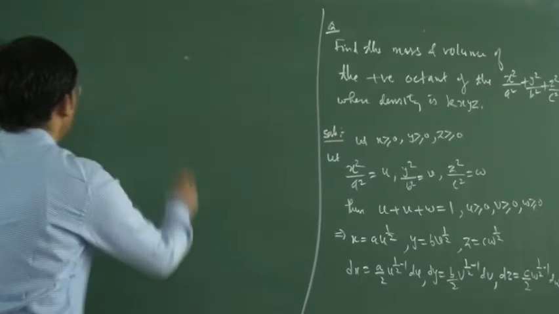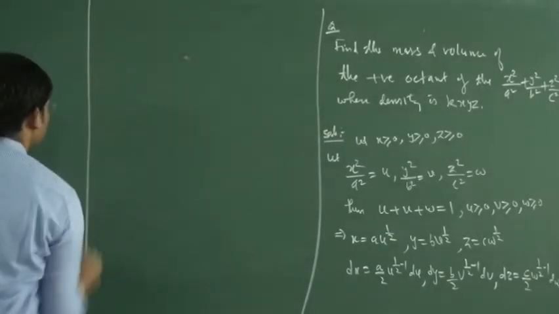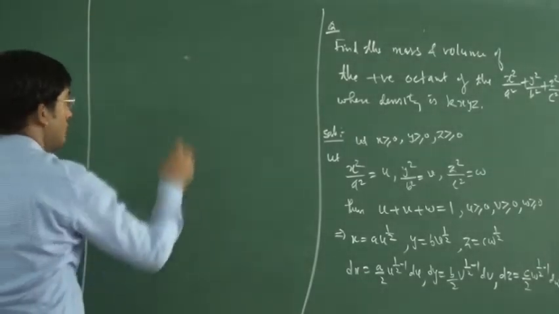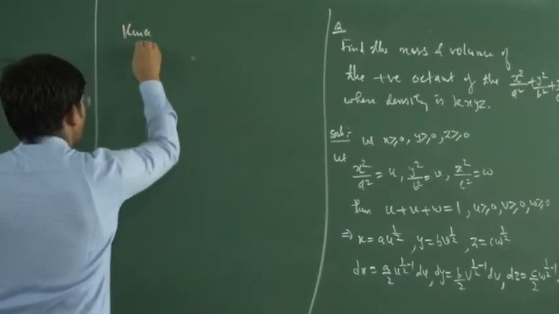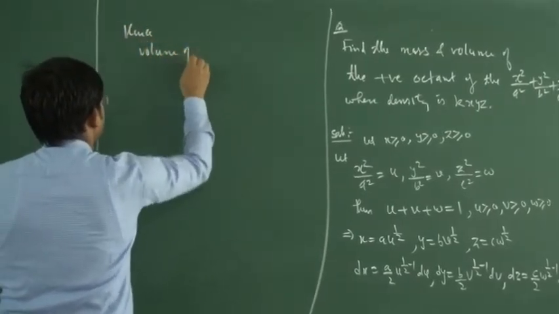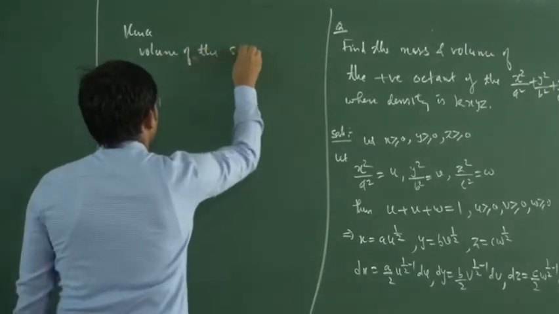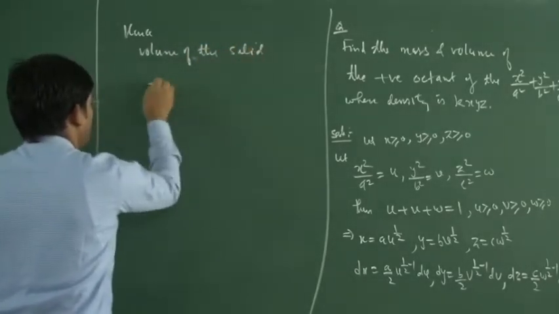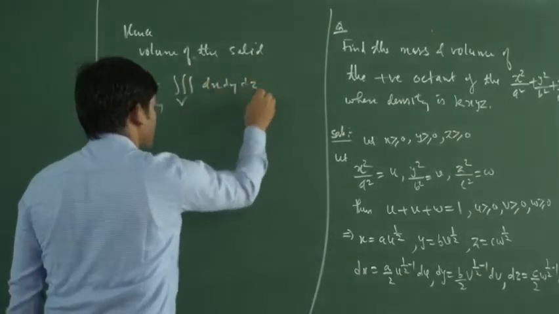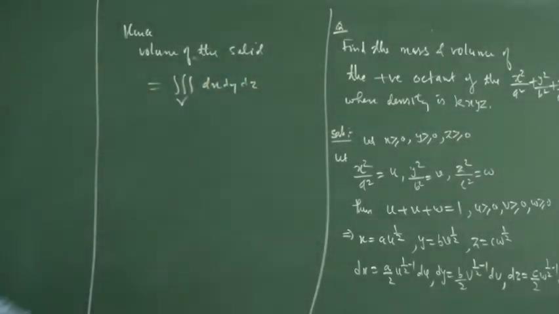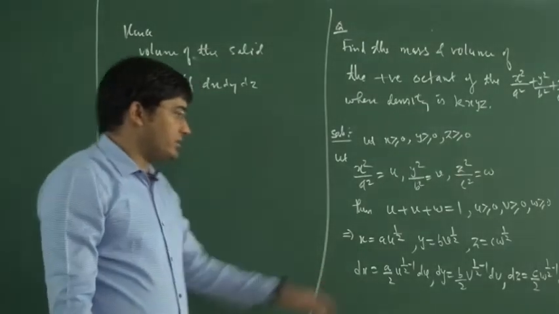So therefore your volume of the solid is equal to this triple integral. Now we have the value of dx, dy and dz.